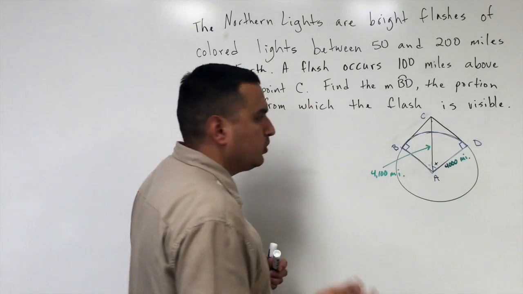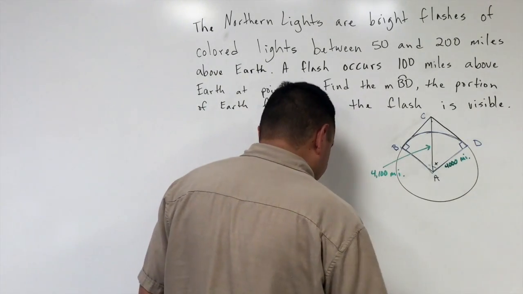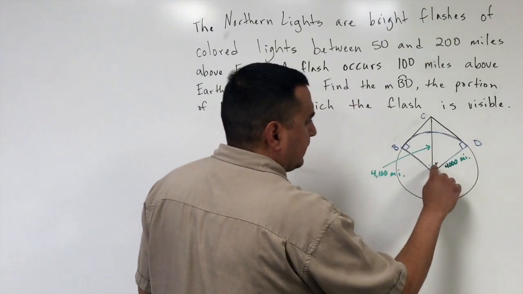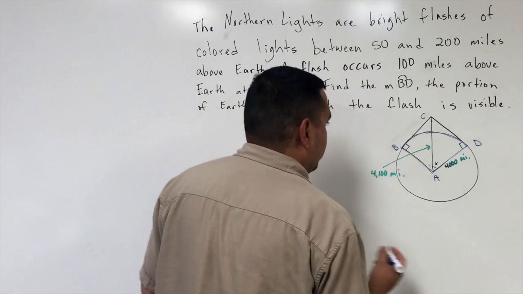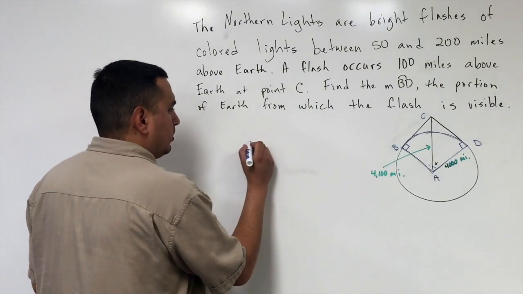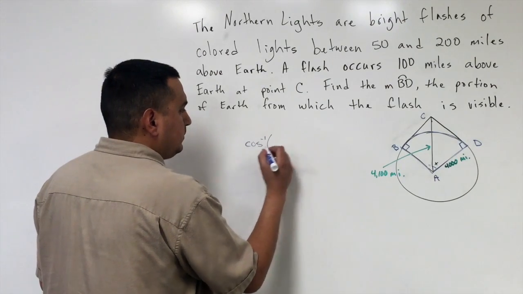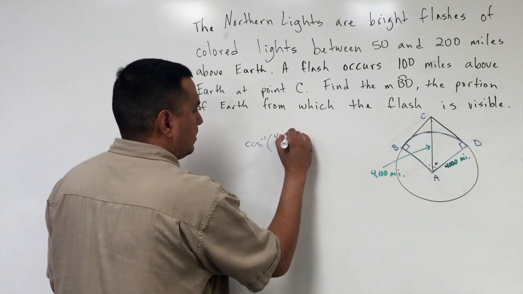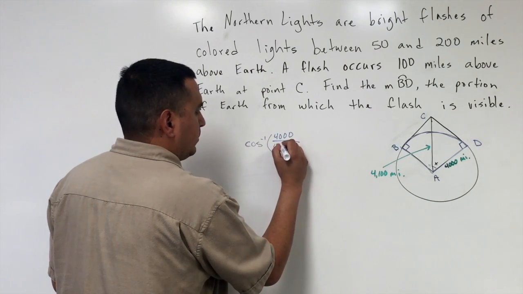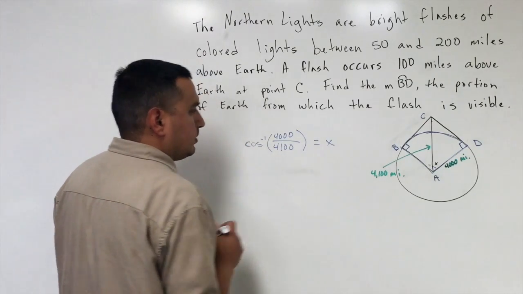So I'm going to use an inverse trig function to find this angle. Looking at this angle, this would be adjacent and this is the hypotenuse. So that tells me I'm using my cosine function, or the inverse cosine, since I'm looking for the angle. So the inverse cosine of adjacent, which is 4,000, over the hypotenuse, which is 4,100, is supposed to give me the measure of angle x.